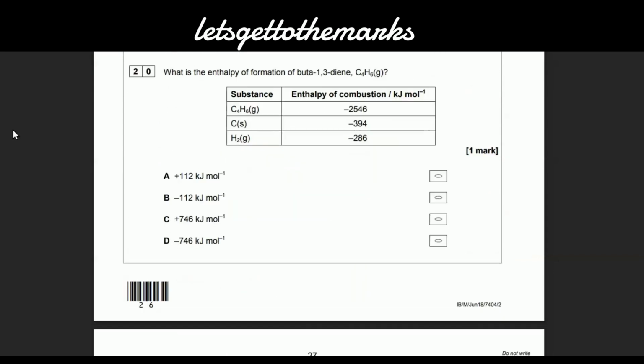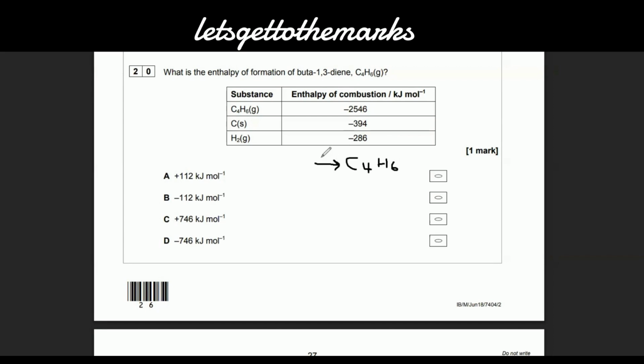Right, 20. What is the enthalpy of formation of buta-1,3-diene? We've been given enthalpies of combustion. So what you can do here, if you like to do this type of thing, is write buta-1,3-diene. So we are saying what is the enthalpy of formation? So that's C4H6.